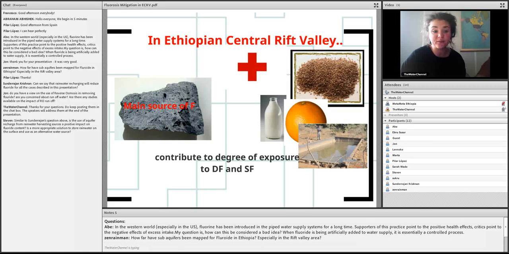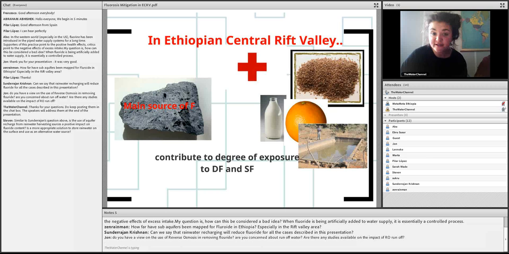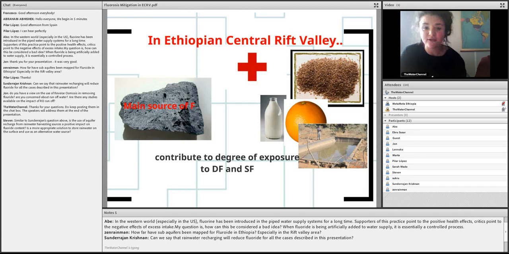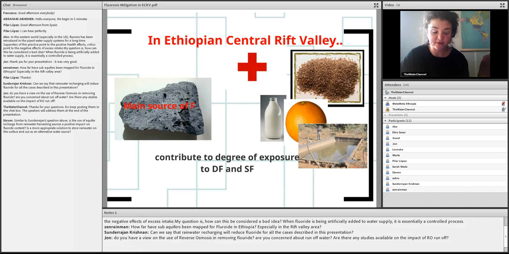Moreover, it depends on the health status of the people, but also on the climate and the exposure, meaning how many years the people with dental or skeletal fluorosis have been exposed to high fluoride water concentration.